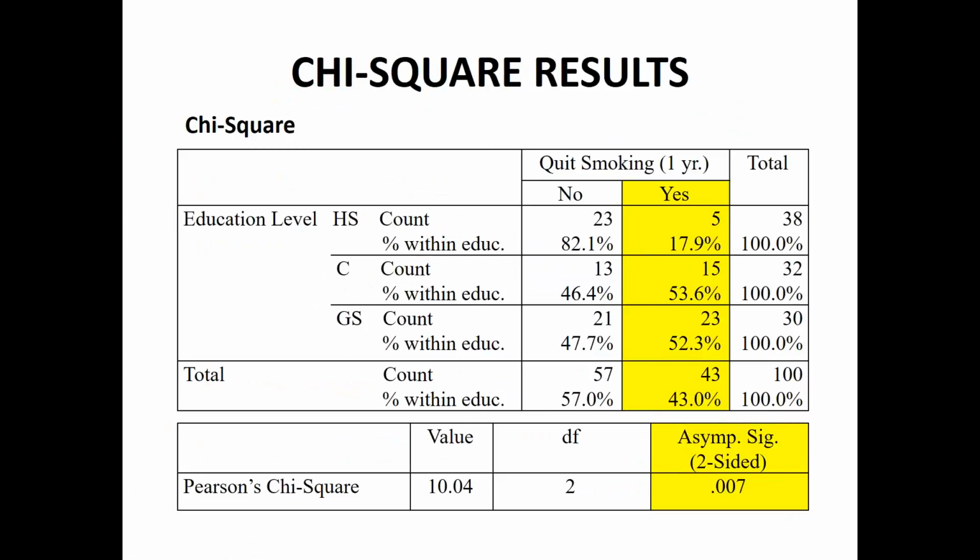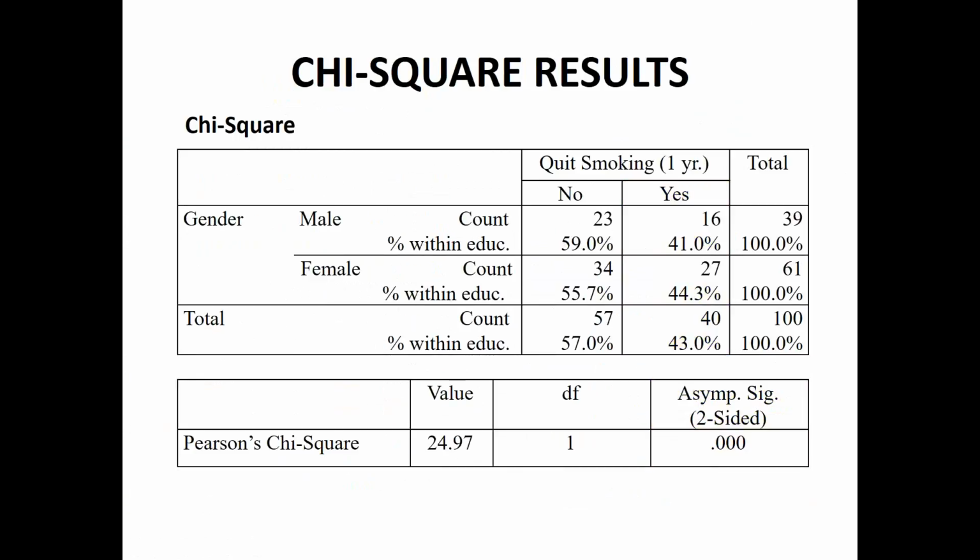College and graduate school, a little over half each quit smoking. So for college and graduate school, 53.6 and 52.3 respectively. But at the high school level, only 17.9% quit smoking after 1 year.